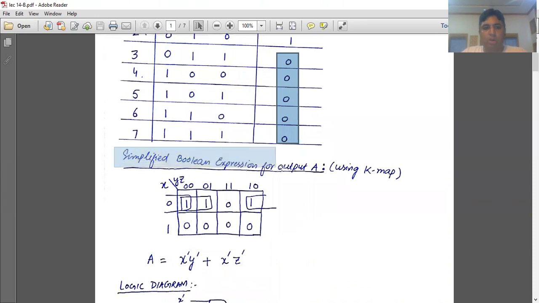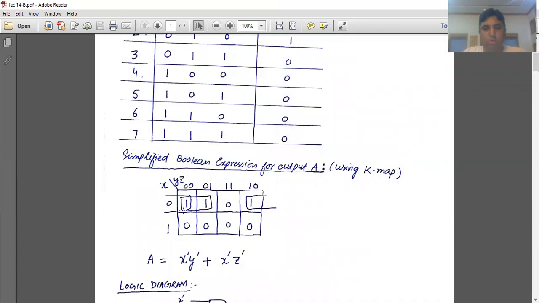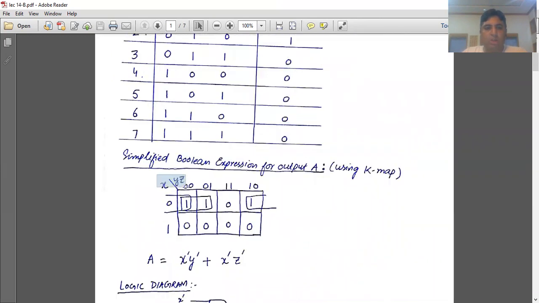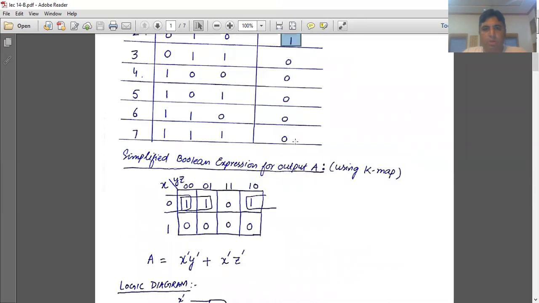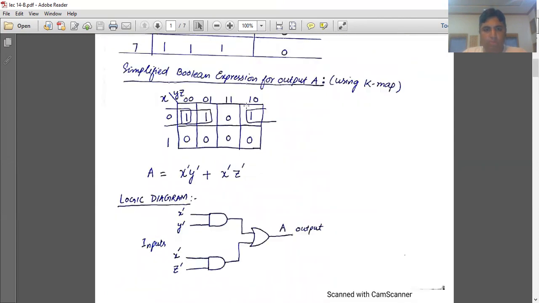Now we will simplify the Boolean expression of the output A. You should make a three variable K-map, and the three variables will be the three inputs X, Y, and Z, and you put the ones in the K-map, copying from the output column. The output column has a 1 when X is 0, Y 0, Z 0, this one here.